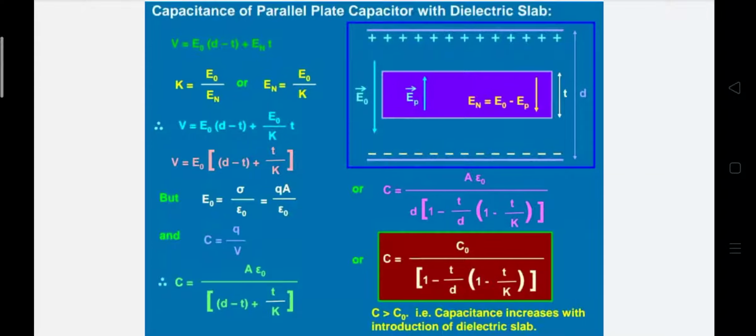Since dielectric constant K is greater than 1, the effective distance between the plates becomes less than D, and so the capacitance increases.